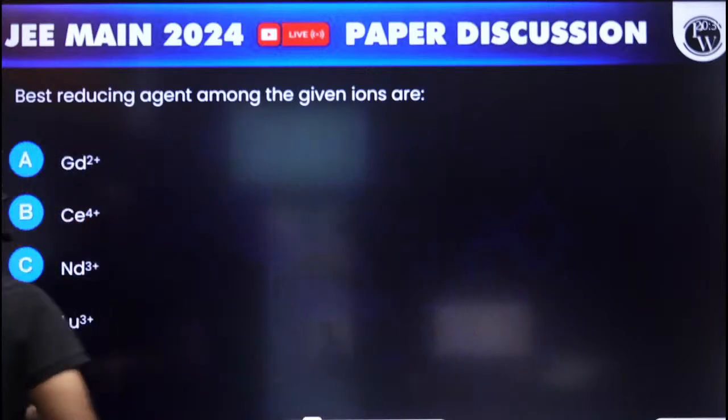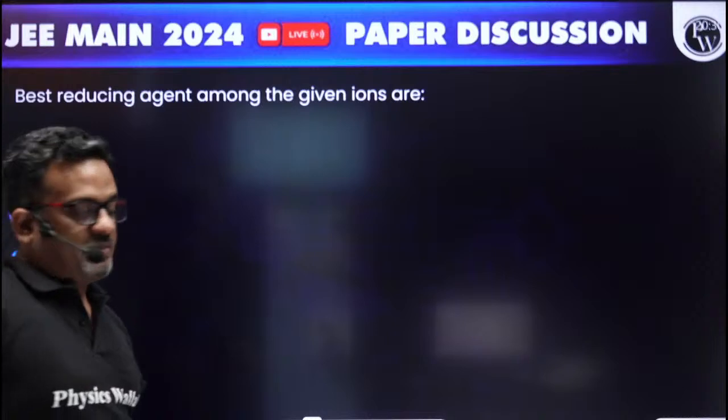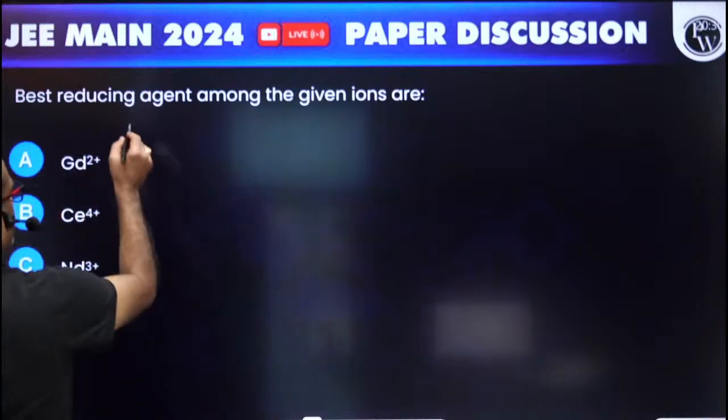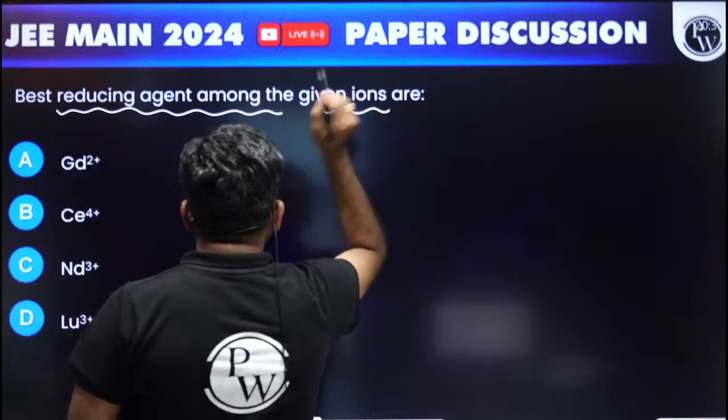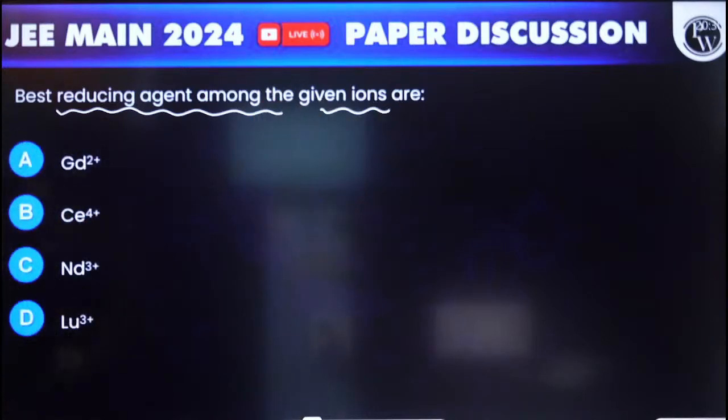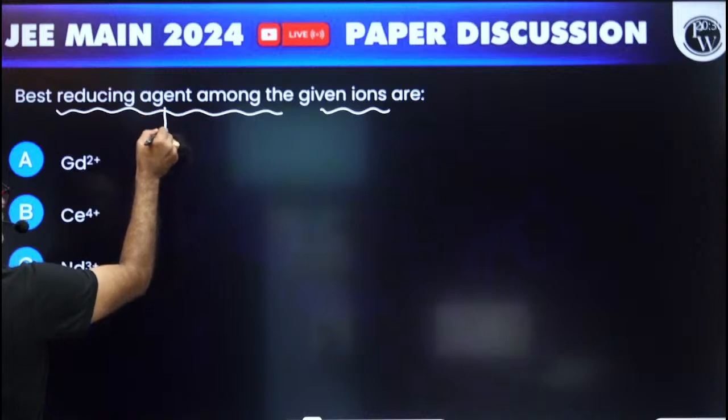Best reducing agent among the given ions. Now, first of all, what is a reducing agent?